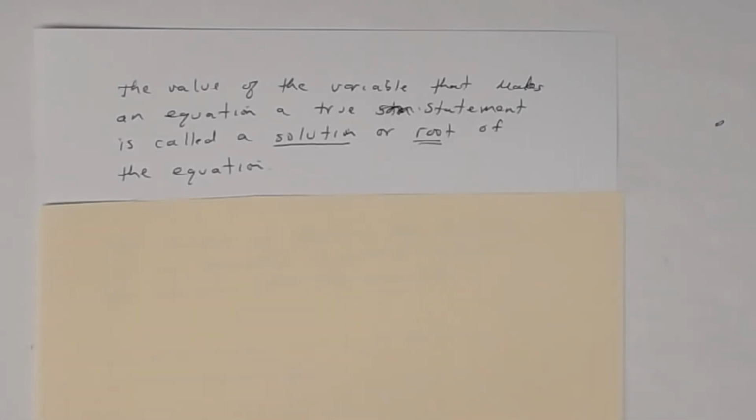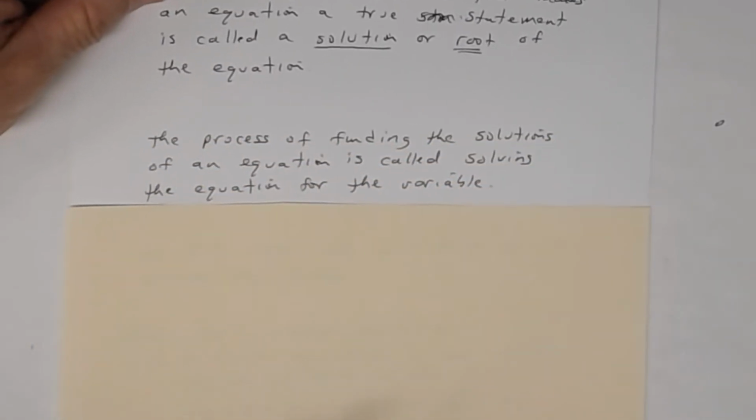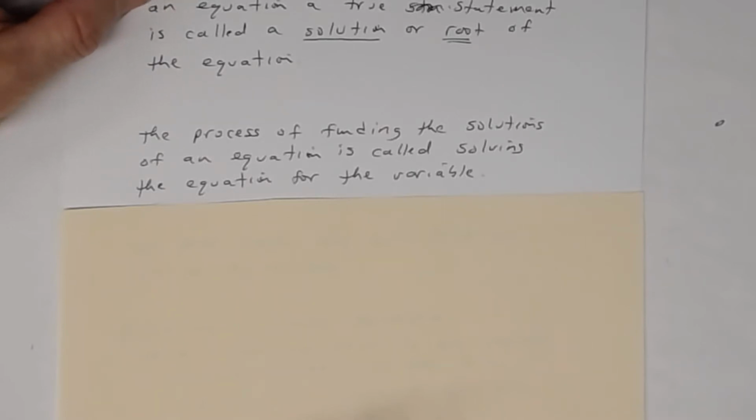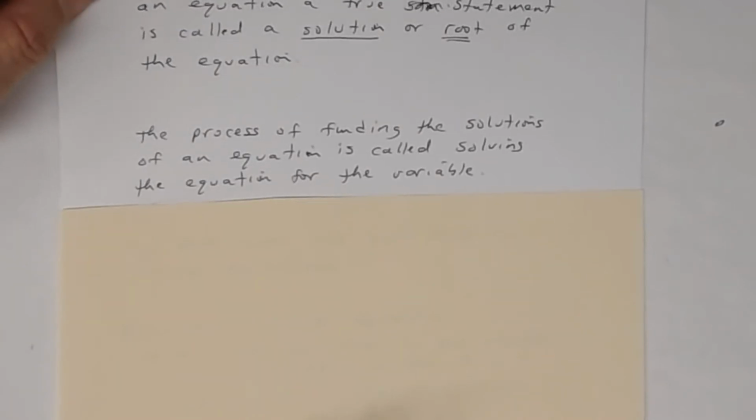So the value of the variable that makes an equation a true statement is called a solution or root of the equation. The process of finding the solutions of an equation is called solving the equation for the variable. You'll see directions that say solve each of the following equations. That's the process of finding the solutions.